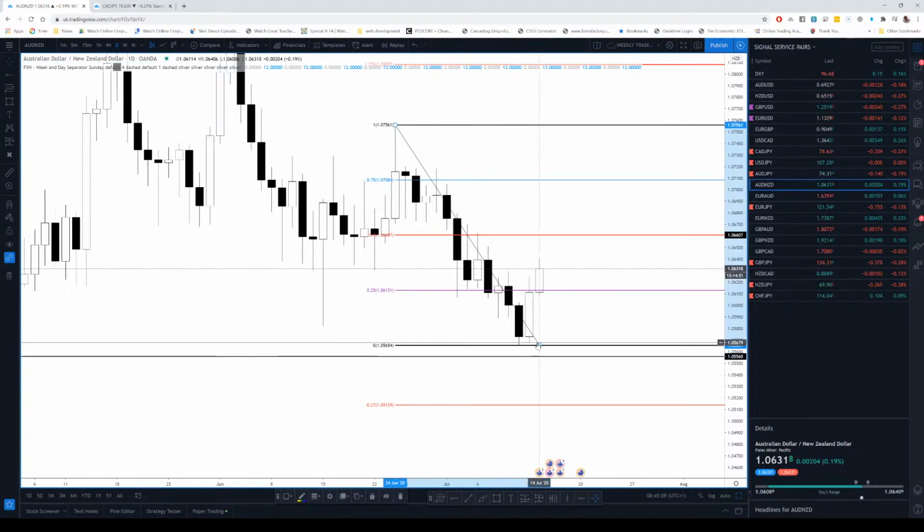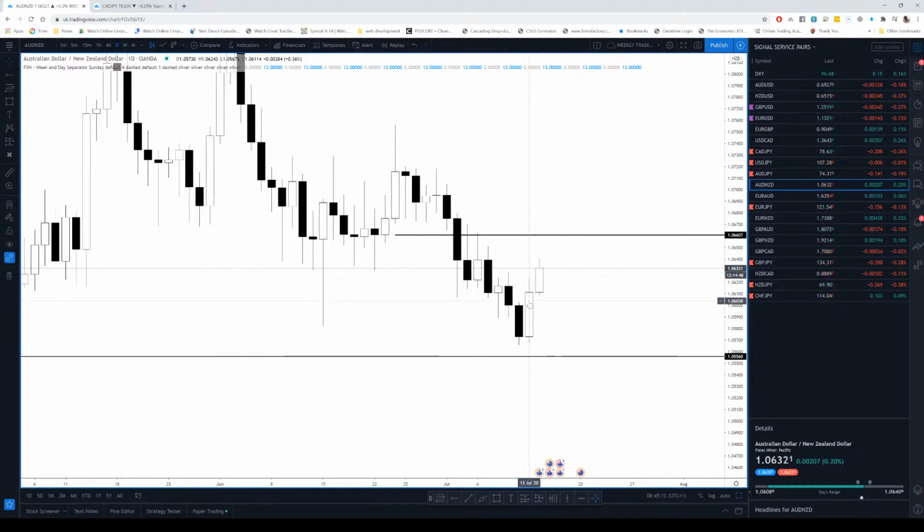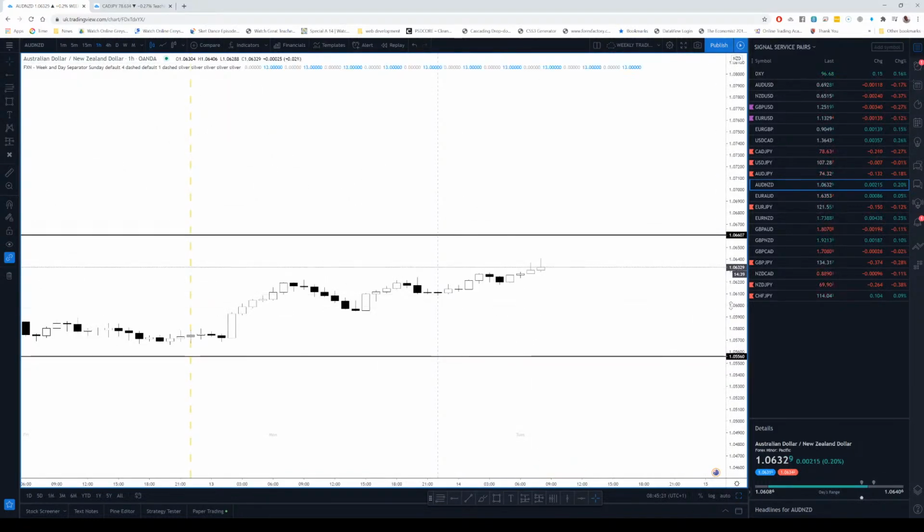Okay, look for a long to the 50% after the closure above this high. Yeah, after the closure above this high, we look for a long to that 50%.